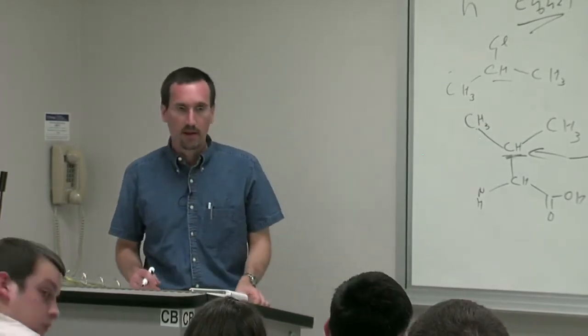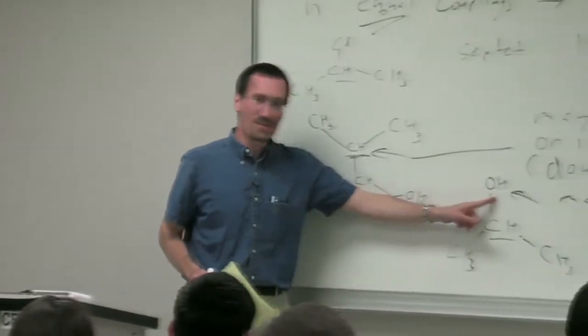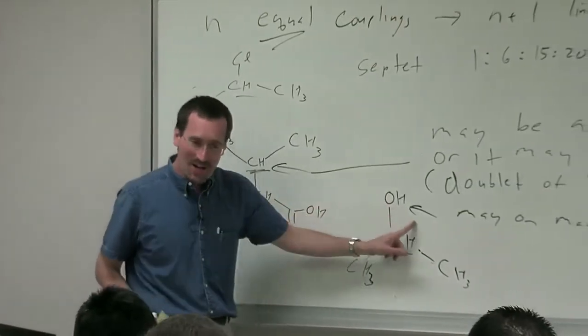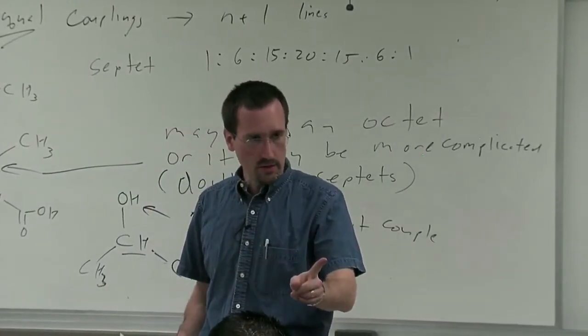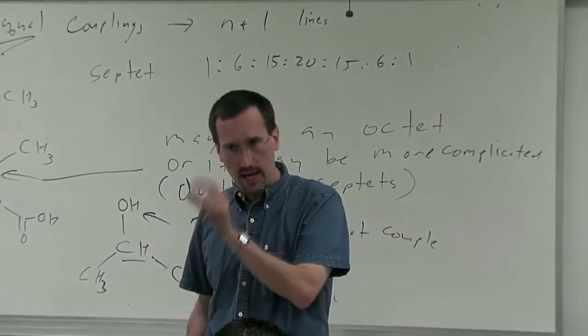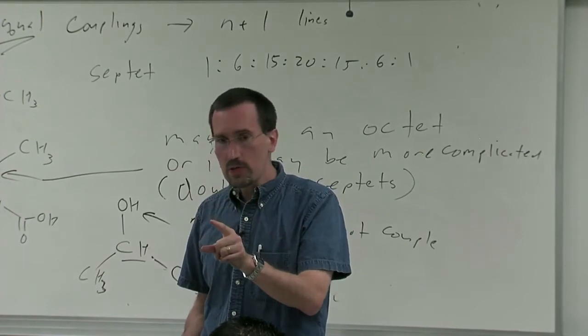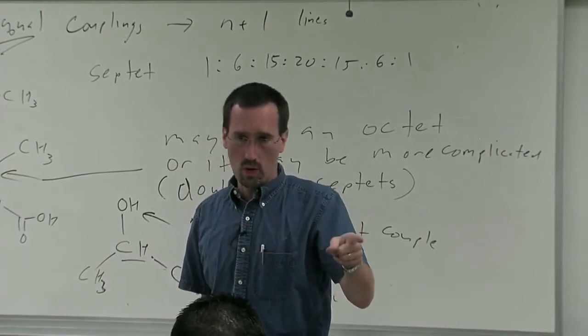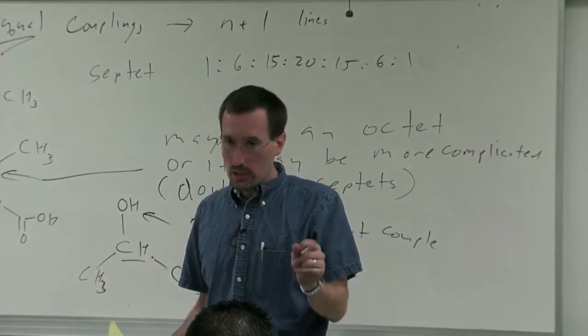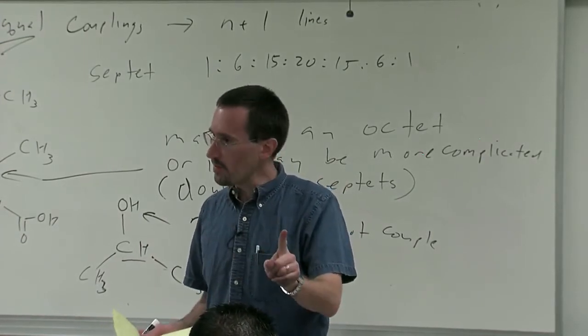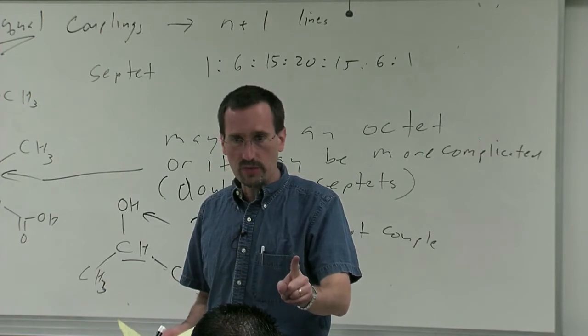So if the proton is exchanging, do you still see that proton shift? Do you still see the proton? In general, if the proton is exchanging with other molecules, you will see it, and it will be there. If the proton is exchanging with water, and you have a little bit of water in the sample, you will see it and the water peak at the weighted average of the two.